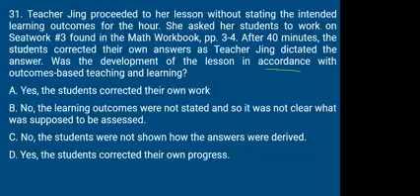Was the development of the lesson in accordance with the outcomes-based teaching and learning? Okay, so outcome. So the correct answer, yes, very good. You are raising the correct answer. It's letter B. No, because the learning outcomes were not stated and so it was not clear what was supposed to be assessed. So for number 31, the correct answer is letter B.